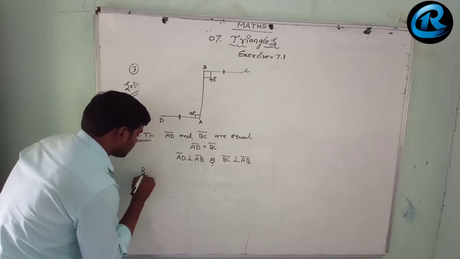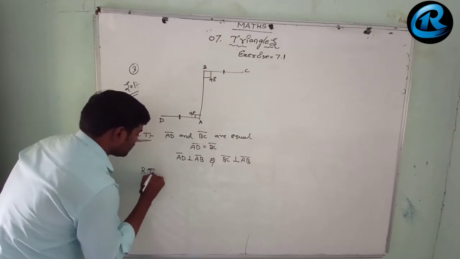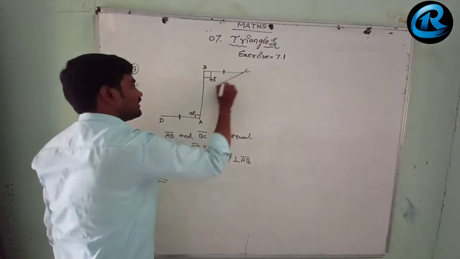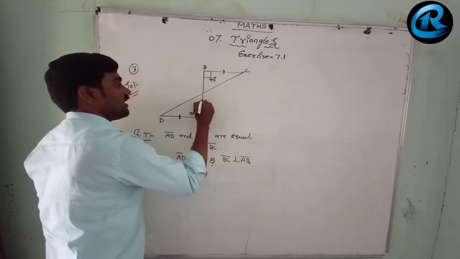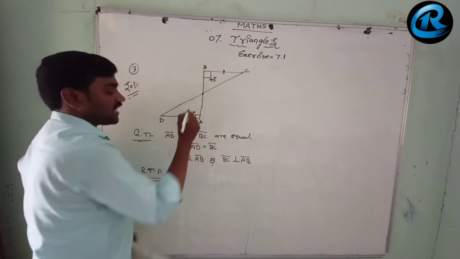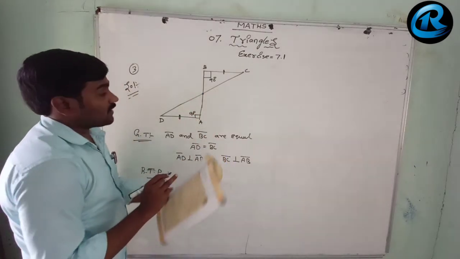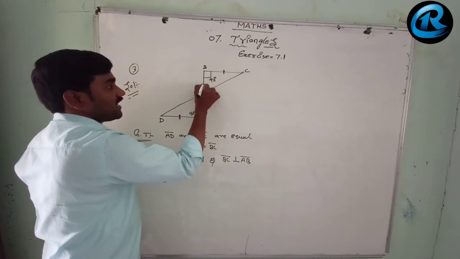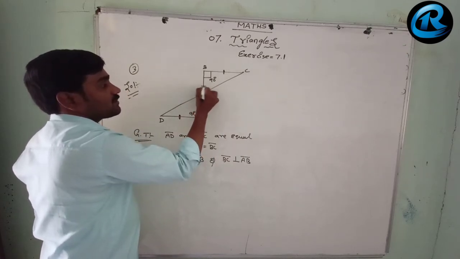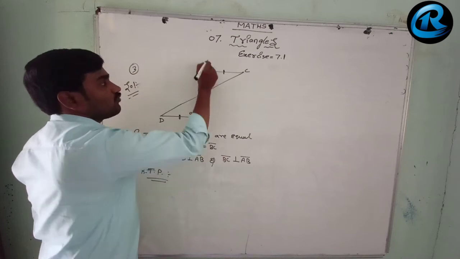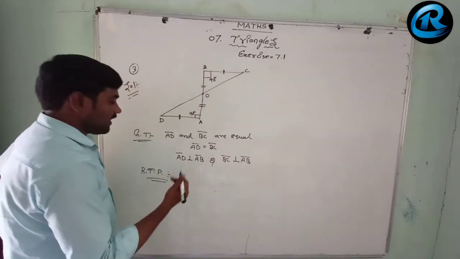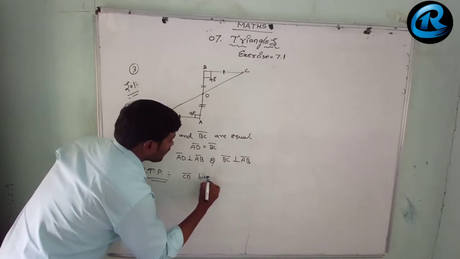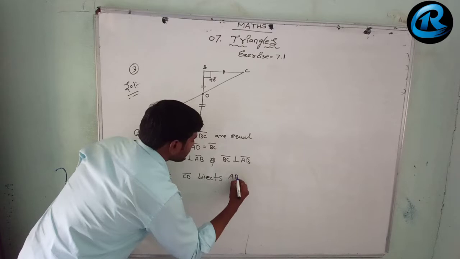We have to show that, RTP. C and D, let us join. This CD, we have to show that it is a bisector of AB. That means when AO is equal to OB, we can say it bisects. We have to show that CD bisects AB.